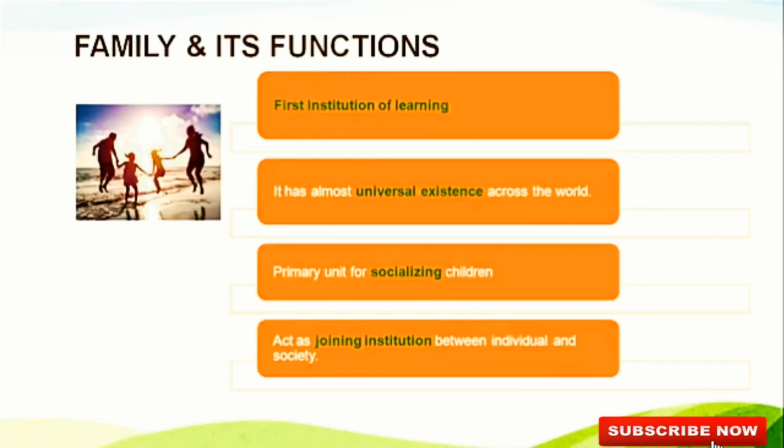This socialization process imparts knowledge to family members to adopt family and societal cultural norms and values, ethics and morals, recreations, education, etc. So, we can easily say that our family is the first institution of learning. It has universal existence, it helps us in socializing, and it acts as the joining institution with society.